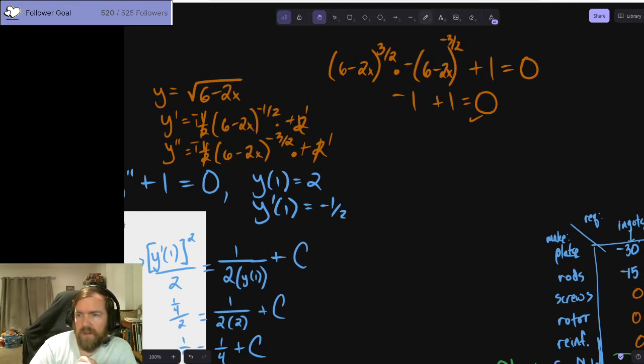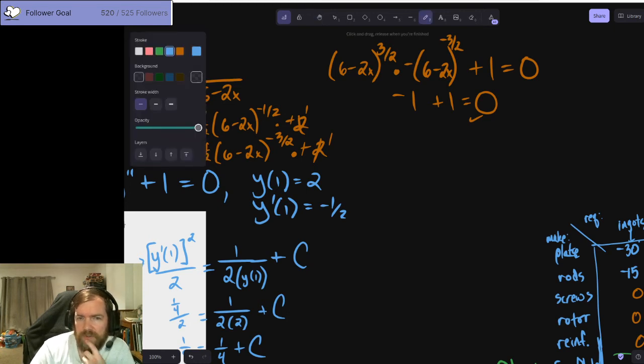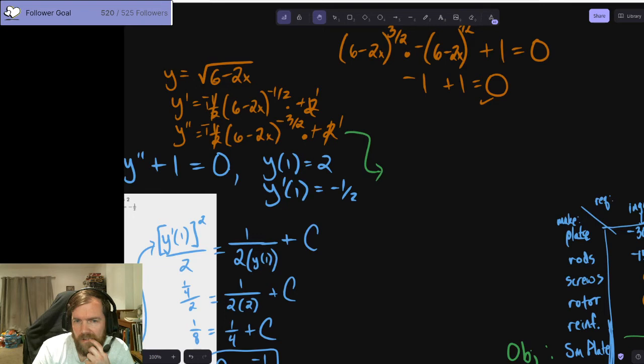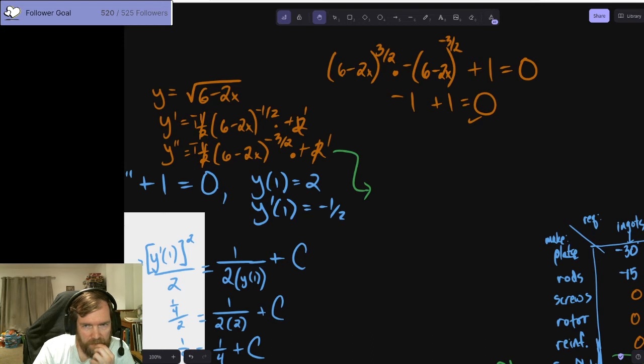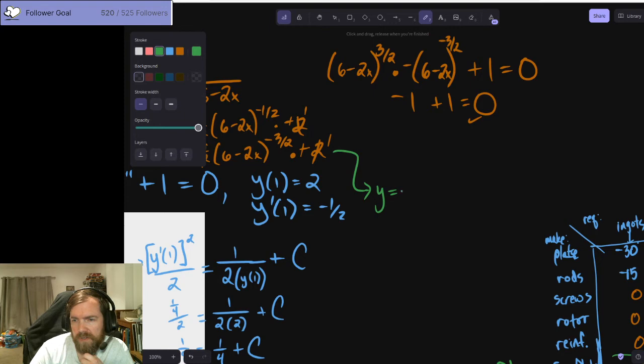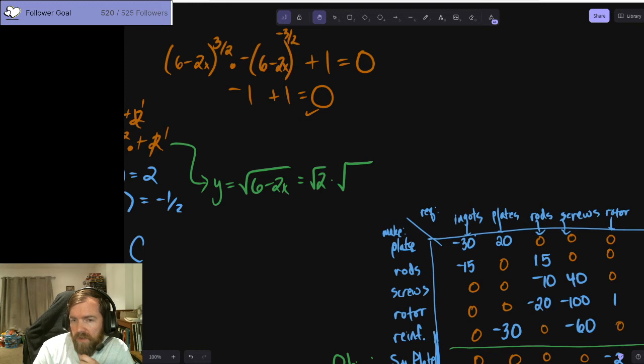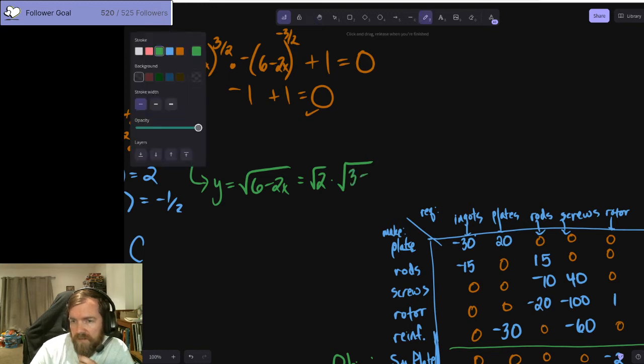Unless that is oddly and specifically identical to the actual solution that we got, or the other solution that you got. Should be really awesome, but y equals root 6 minus 2x, which is root 2 times root 3 minus x. No, right? Because it doesn't have the same singularities.